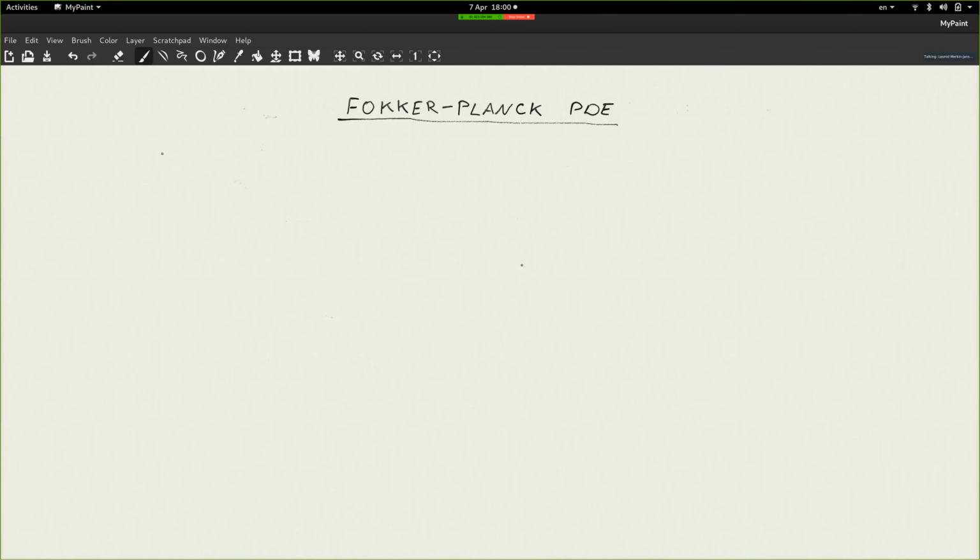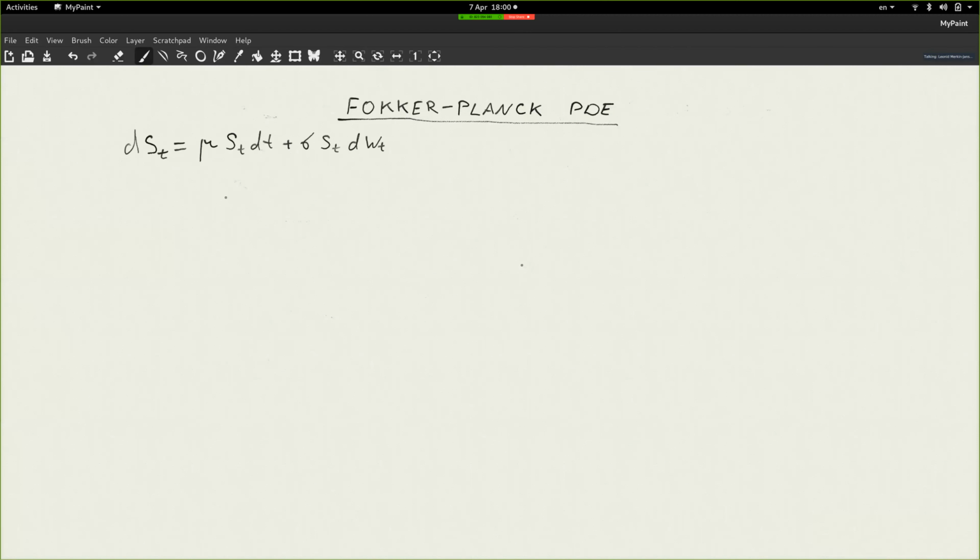Remember, let's start with a simple geometric Brownian motion. dS_t was equal to, let's say with a constant mu, mu S_t dt plus sigma S_t dW_t. Remember that. Then we know what the solution looks like.